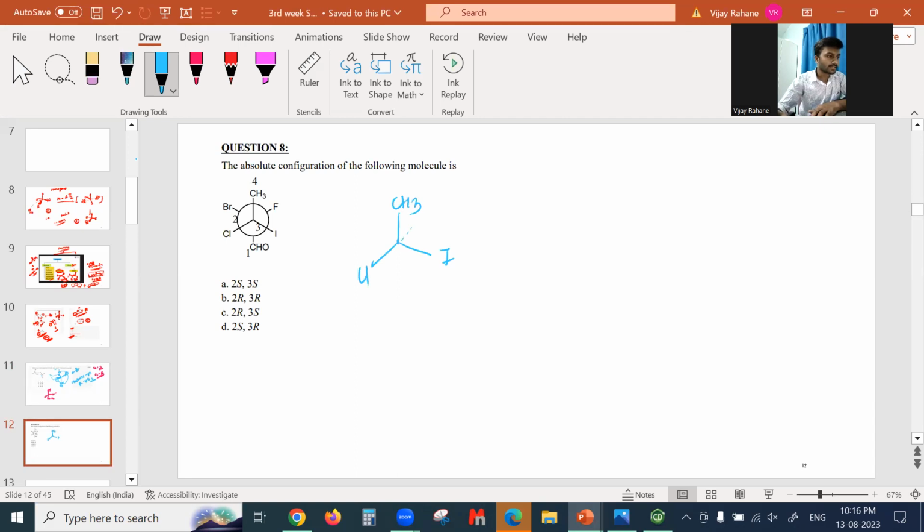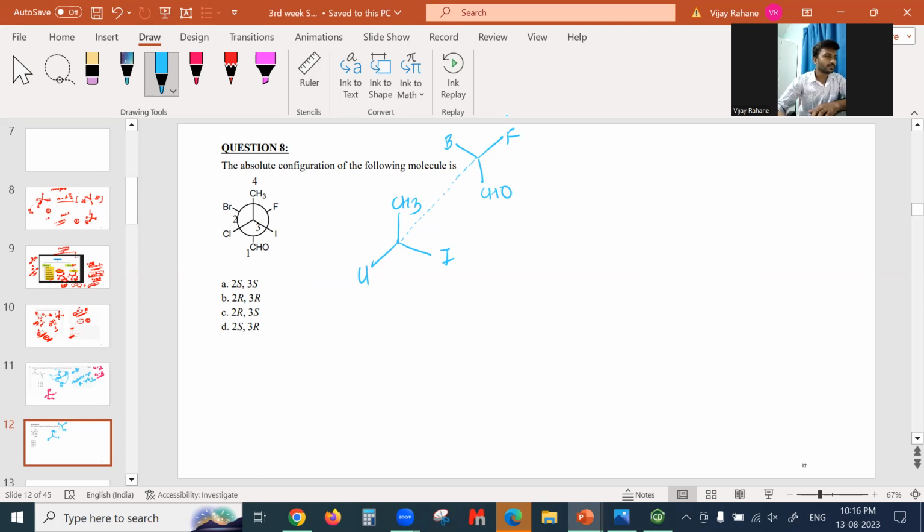And the back side, I will just try to expand the structure so you can better imagine, has the chlorine, bromine, and there is CHO, right? So this is the structure of the molecule. I will just pull the backside carbon atom away so we can imagine the structure.